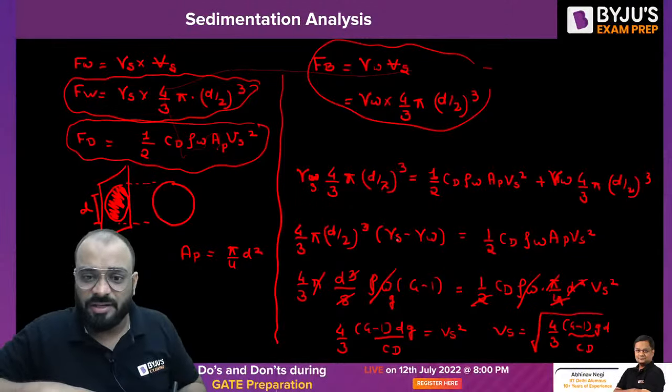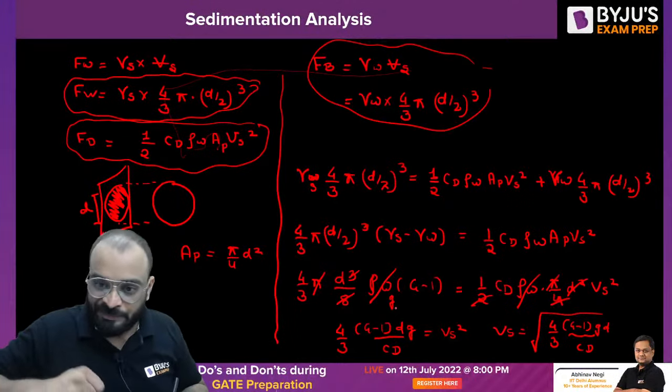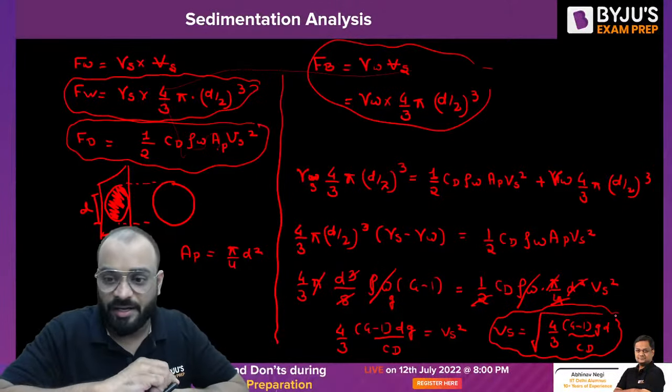Because we have written it as rho, meaning gamma S, right? This is gamma S, a specific weight. So we need to convert it in terms of density, so rho W into small g also. Understood? So this is the general expression guys, which is basically the settling velocity of a particle in general.